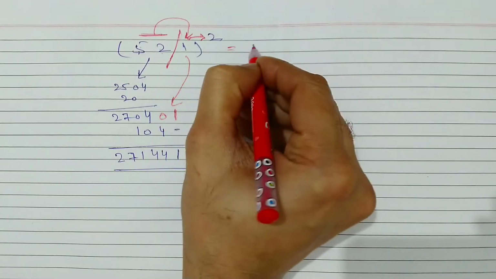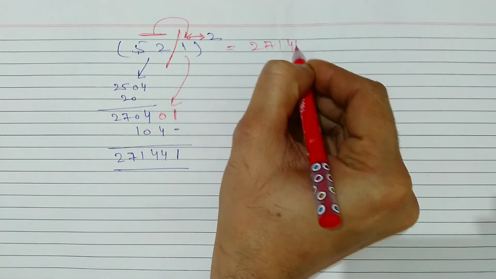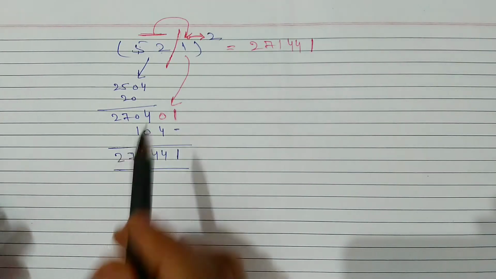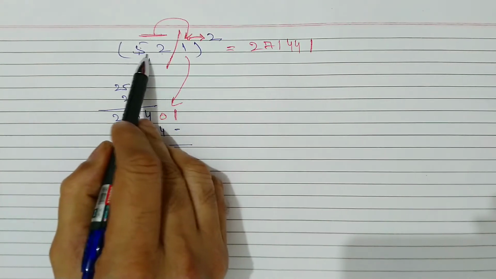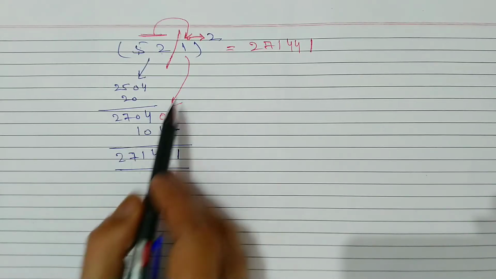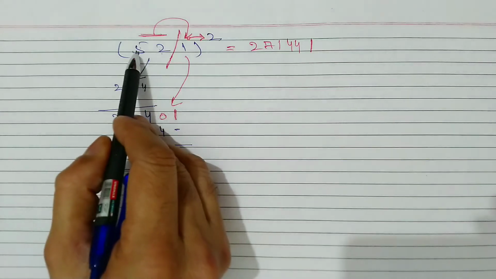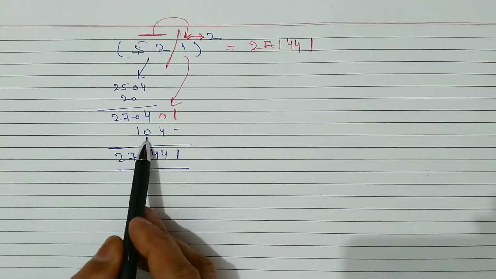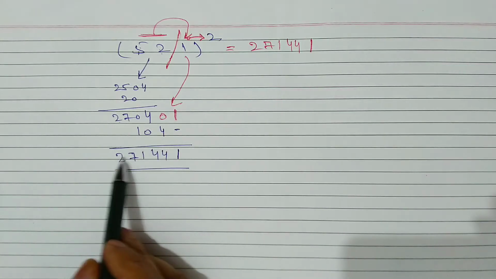The square of 521 is 271441 by the shortcut method. First we apply the formula for 52 square by the shortcut method, which is 2704, then 1 square is 01, then 52 into 1 into 2 is 104. By adding these we get this.